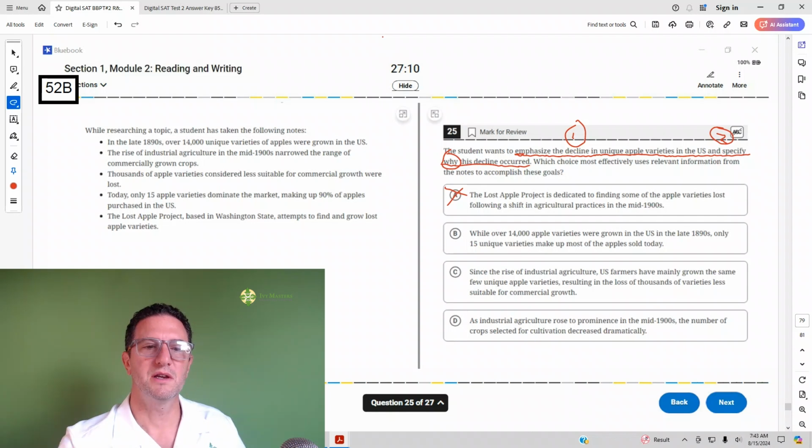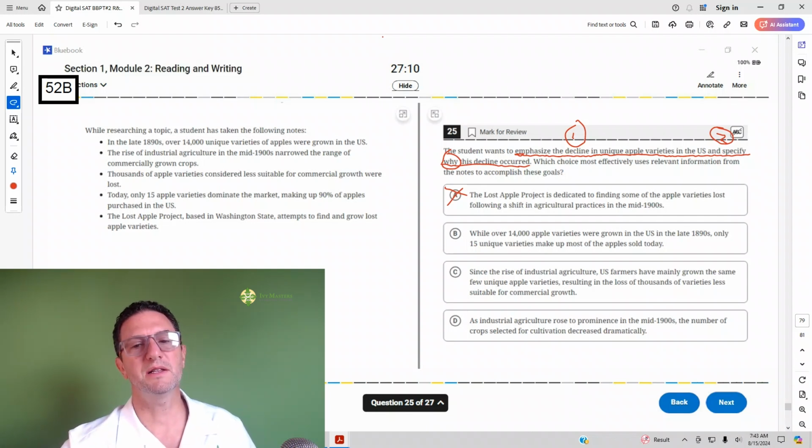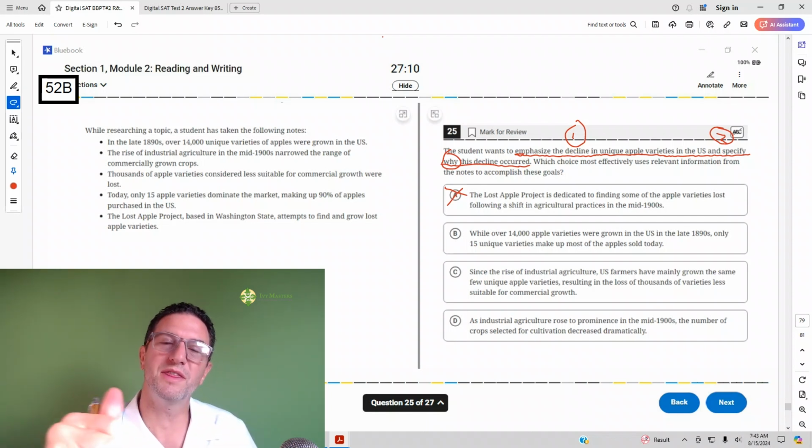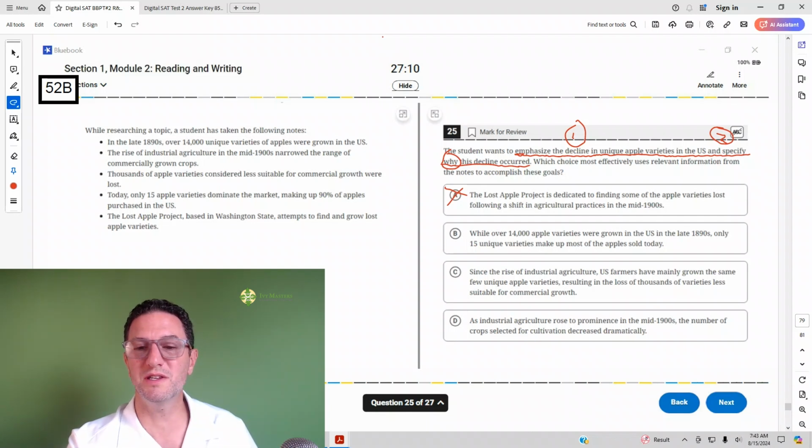Now notice, answer choice A is an example of why you don't want to read the bullets, because a lot of times an answer choice could be true based on the bullets, but it's wrong because it's not answering the question. So that's very typical. Students will see, hey, every answer choice here is true based on a bullet, so what's the correct answer? You've got to pay attention to exactly what we just underlined, and that's going to distinguish between the right and the wrong answer.